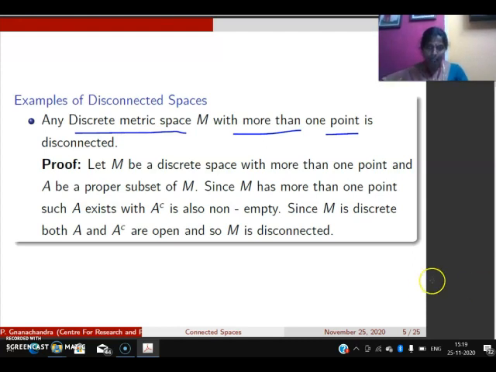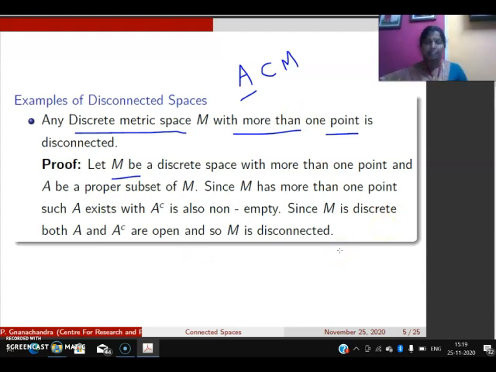See, here I have taken a discrete metric space M. Already I said that a discrete metric space contains more than one point. So I take a subset A that is a proper subset of M, because M contains more than one point, so surely A is not equal to M. Since M has more than one point, such an A exists.